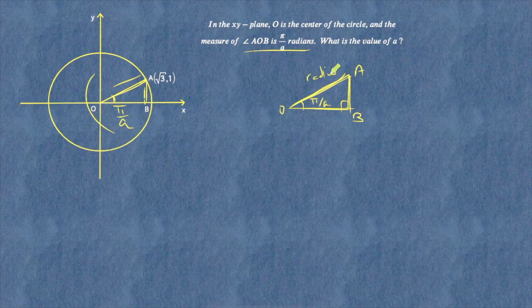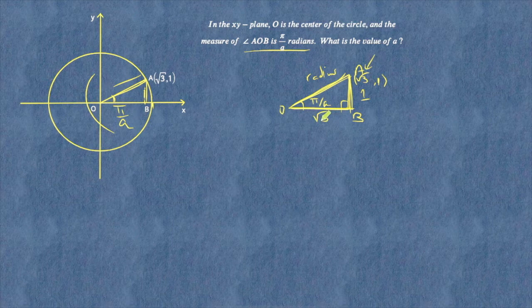So now when you see this point, this is root 3, 1. So what does it tell you? That means this height is the point y, which is 1, and this distance, starts with 0, and this is here. So this one will be root 3.